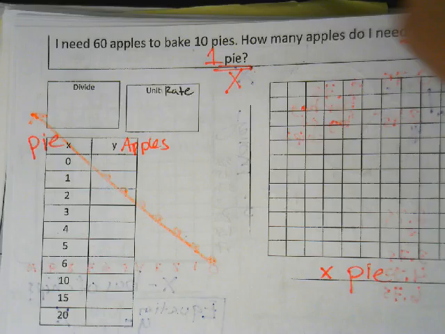So, this is that. Right? This is 5. Great, fill in your table.